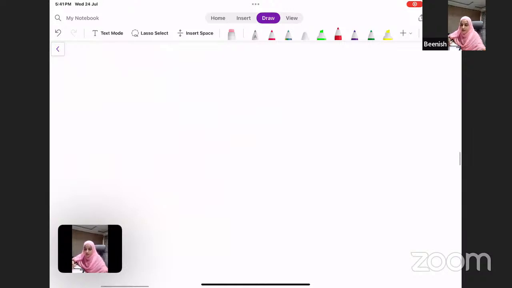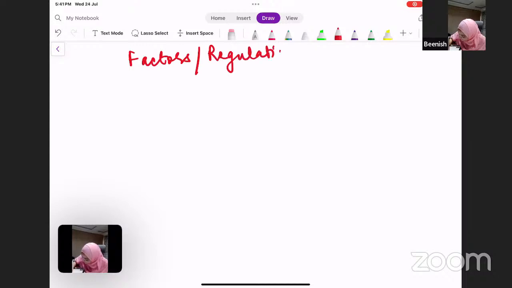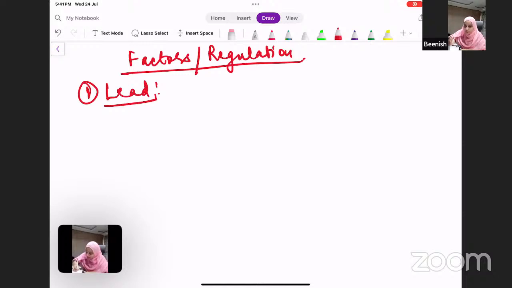Now talking about the factors affecting heme synthesis or regulation of heme synthesis. Okay, firstly, as we have seen, what is going to affect is lead. So your lead was affecting 2 enzymes. What were those?